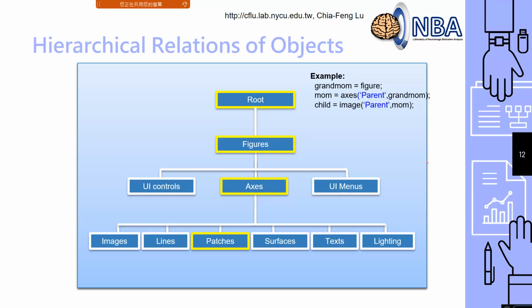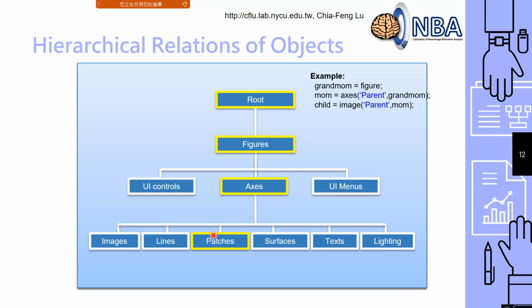Again, if you would like to display this kind of patch object, you can only define it under the axis. You can see the root is your desktop. You can create a new figure, create a new axis under it, and then display the patches within this axis. Now this axis can be 3-dimensional.